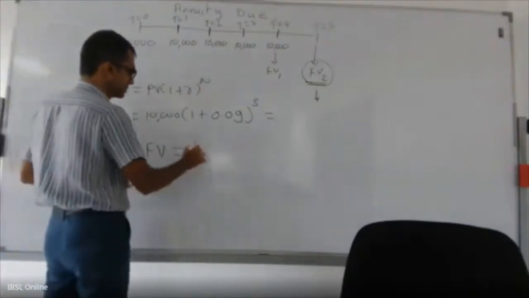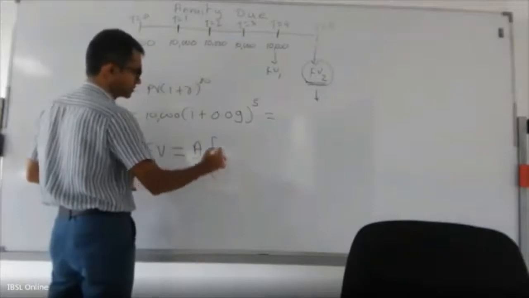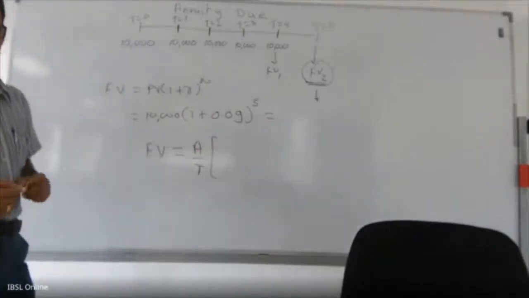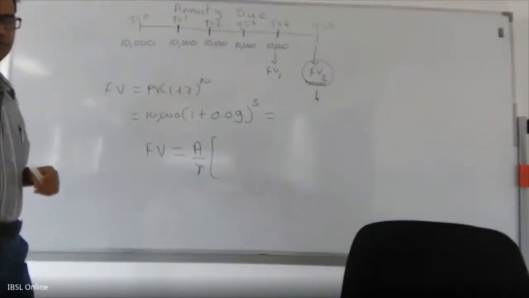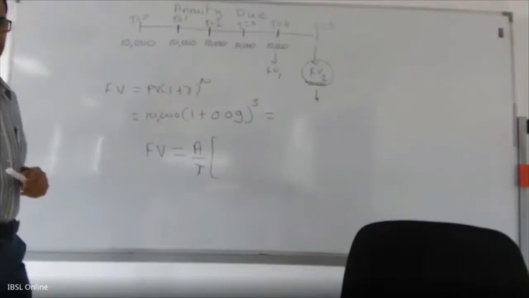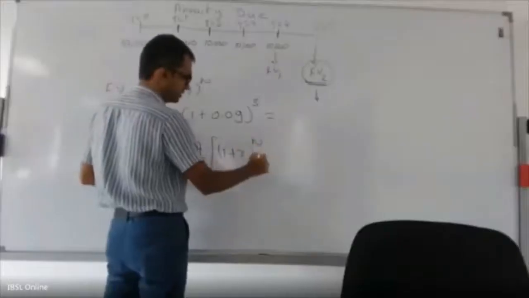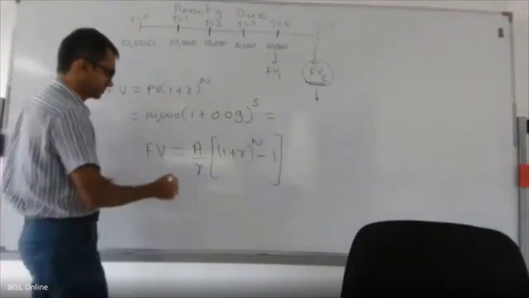Future value equals A into 1 plus R to the power n minus 1, divided by R. Not A divided by R, but A into that whole expression.